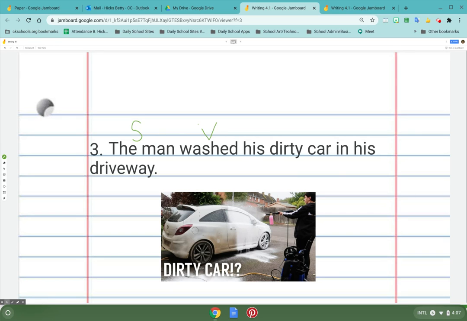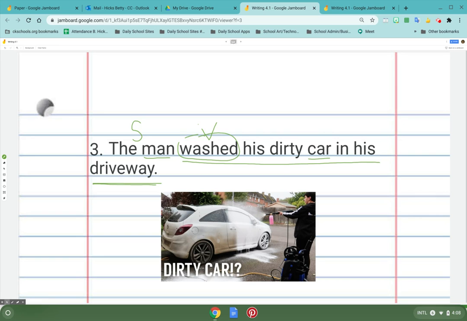Now, what is he washing and where is he washing it? This becomes all of your predicate. Do you notice that your verb starts that predicate? Now what I do is I ask myself, where are my nouns? Well, the man is the noun, the car is the noun, and the driveway is the noun.